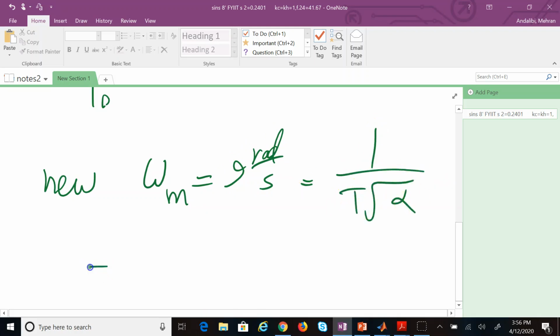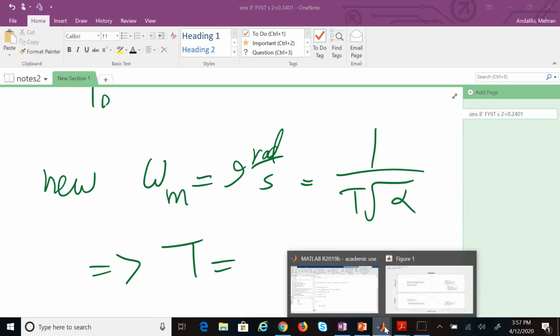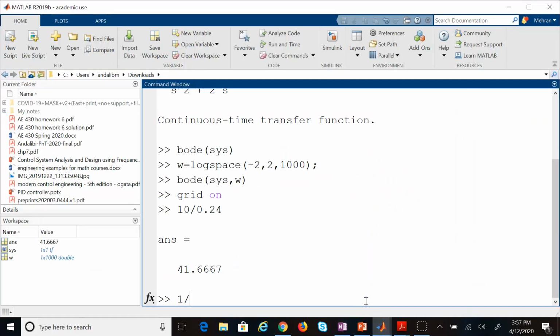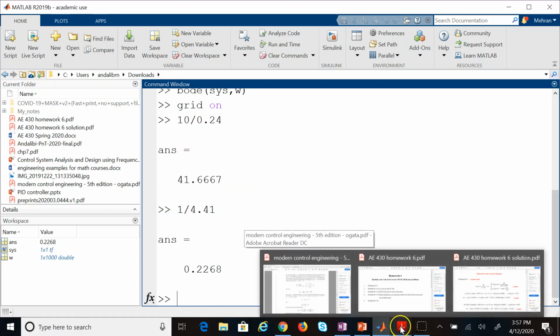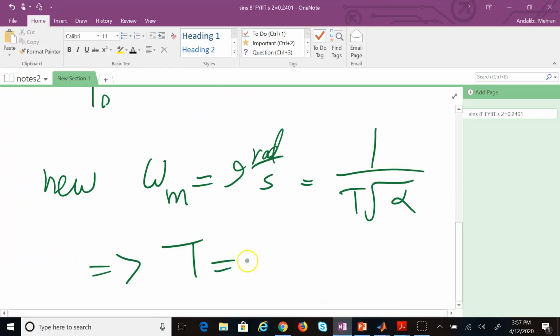I know alpha. From here I can find my t, and t will turn out to be 1 over 4.41, which is 0.23, if I want 2 decimals.